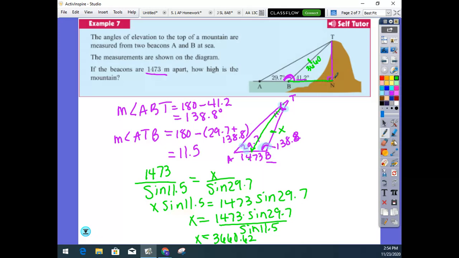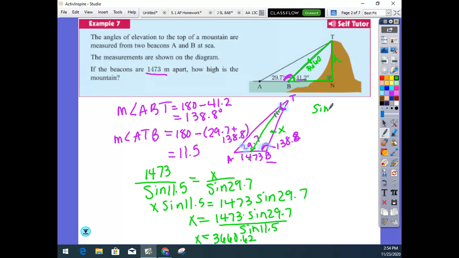Well, now we have a right triangle where I know one angle and the side. I can find that height because now I can do my SOHCAHTOA because I have a right angle. We had to use law of sine here because there was no right angle. Well, h is my opposite. My 3660 is my hypotenuse.